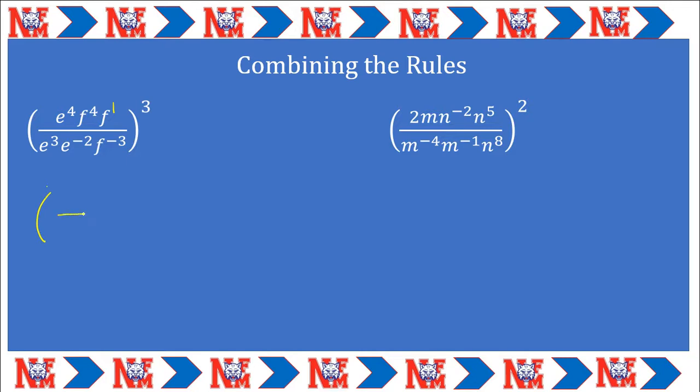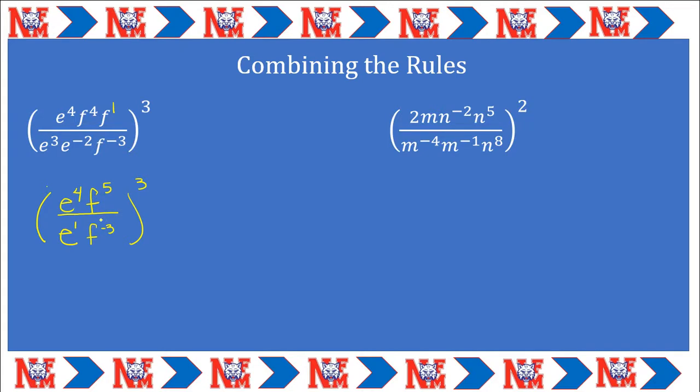So on the top, I can apply the product rule. So this is going to give me f to the 5th. In the denominator, I can apply the product rule to the e factors. So that's going to be e to the 1st, and then I have the f to the negative 3rd. And now before I distribute the 3, I still have 2 sets of e's and a set of f's.